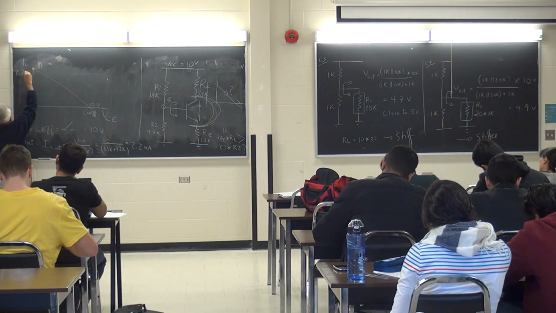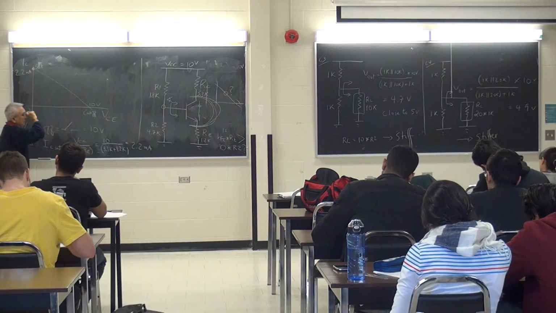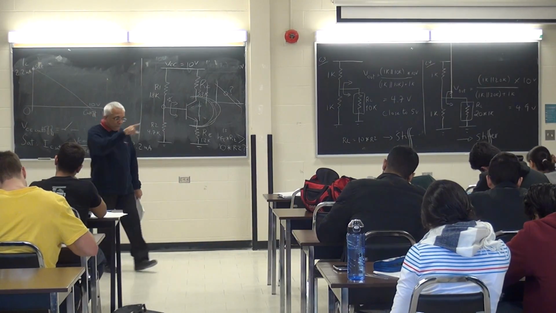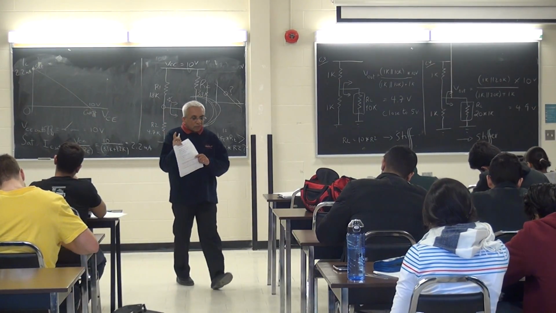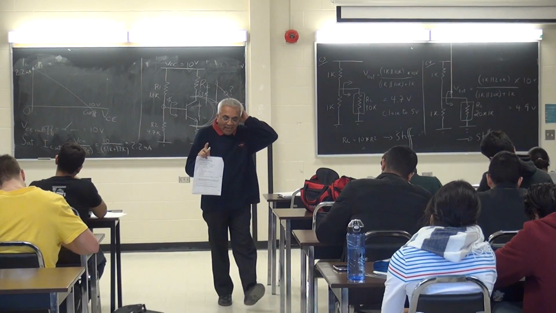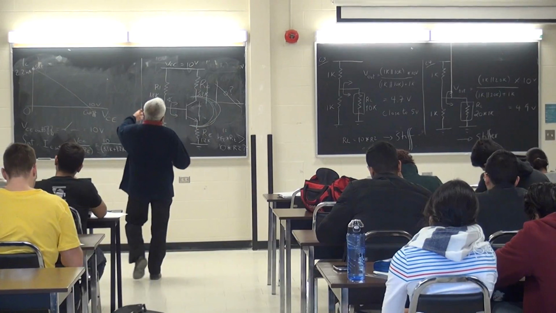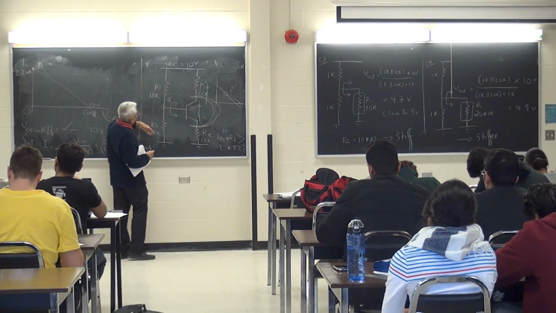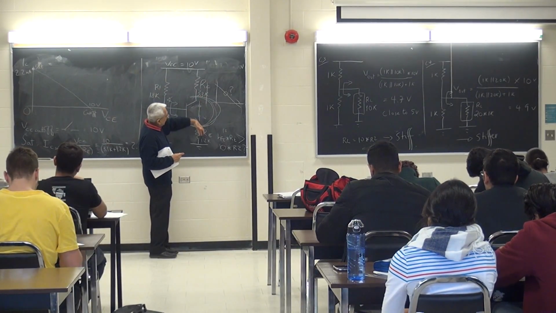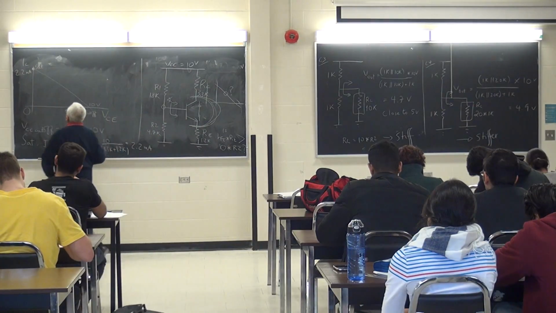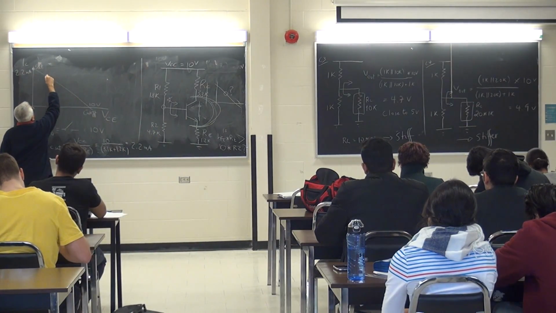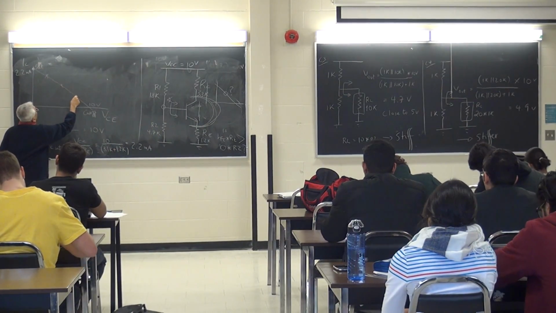Right there, 2.2 milliamps. So I found my extreme points, which are the cutoff and saturation. Now I'm going to do the analysis for these values, 18K, 4.7K, 3.3K, and 1.2K, and identify where the Q point is. Is it here, here, or here?